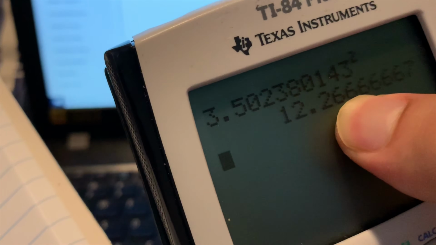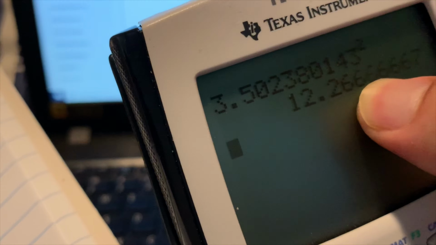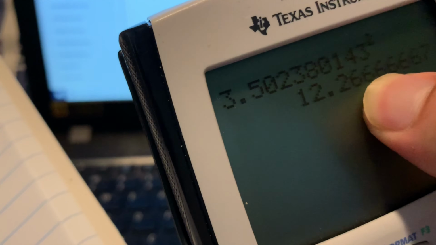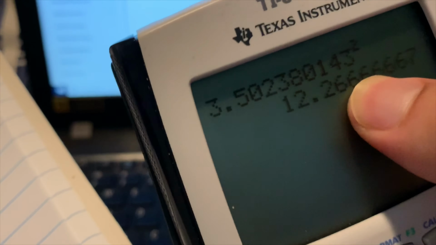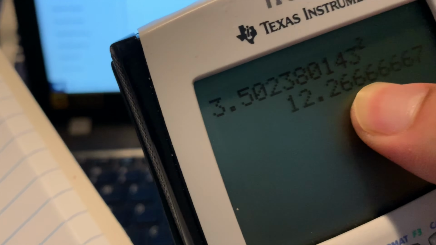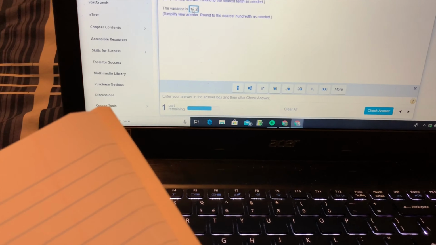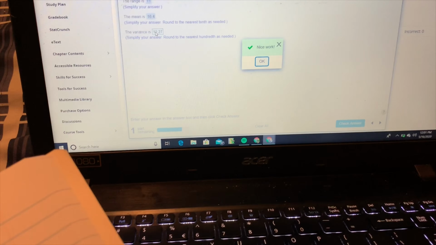So we have to round up that number, and we have a 6 next to it in the thousandth place. So our answer is going to be 12.27. Let's input that and see if I'm right. 12.27. Nice work, perfect.